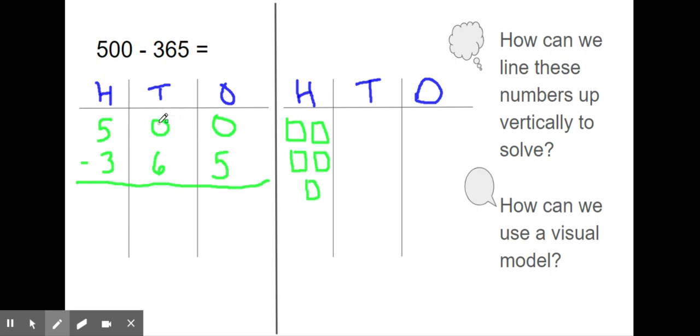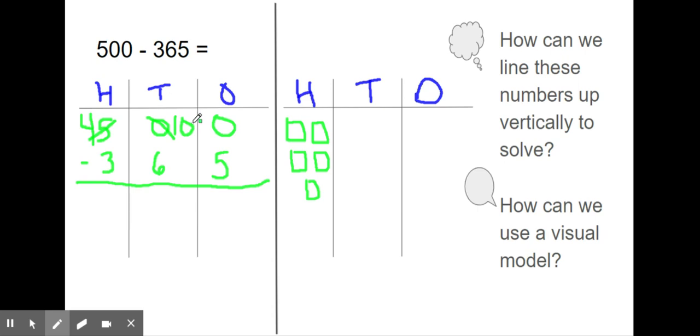So let me go next door to my tens. I don't have any tens either, so I can't unbundle a 10 when I don't have any tens. So now I'm moving on to my hundreds, okay? So I'm going to have to unbundle. I'm going to have to take one of my hundreds and give it to my tens. And remember, there are 10 tens in 100.